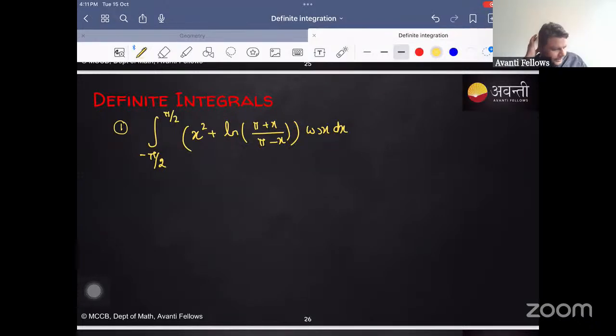Give it a try for a moment. This question was there in JEE Advance 2012. How to do? Any idea? Anybody who would like to share their ideas?